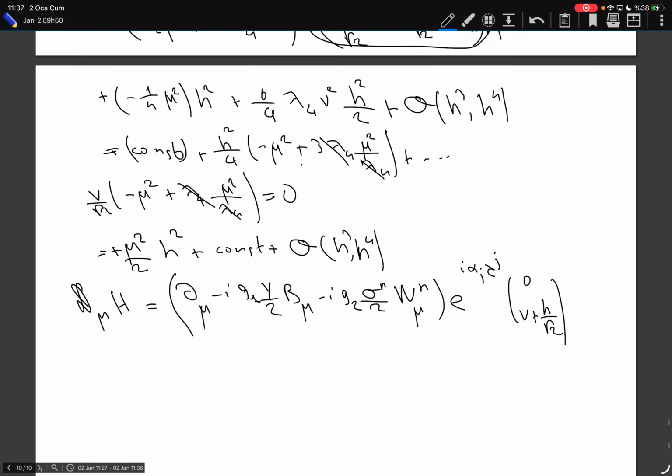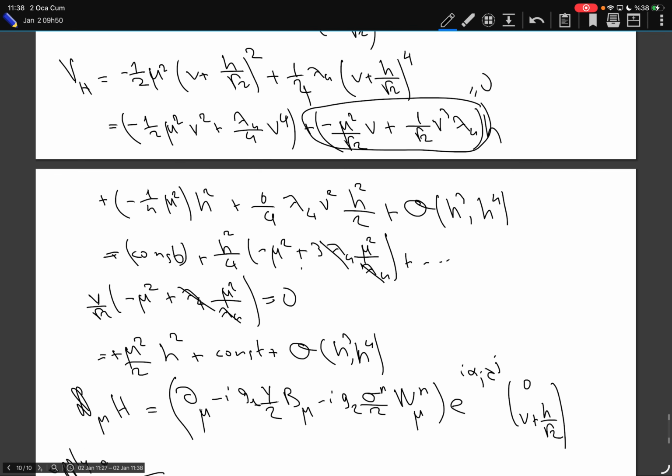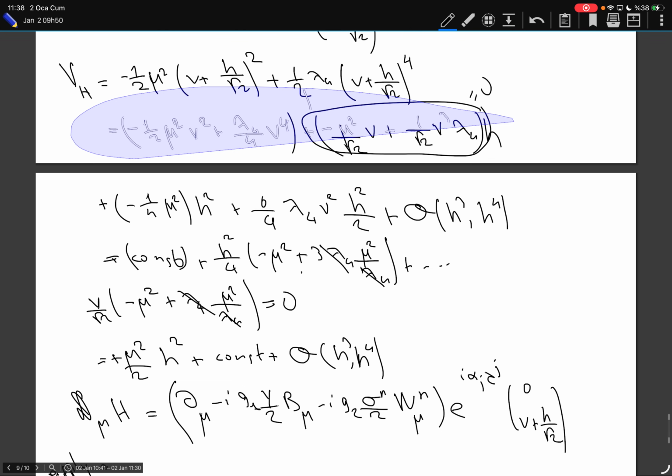So apply a gauge transformation to eliminate alpha j. I can eliminate them from my theory completely. They don't appear in my Higgs field or in my potential in the general form.